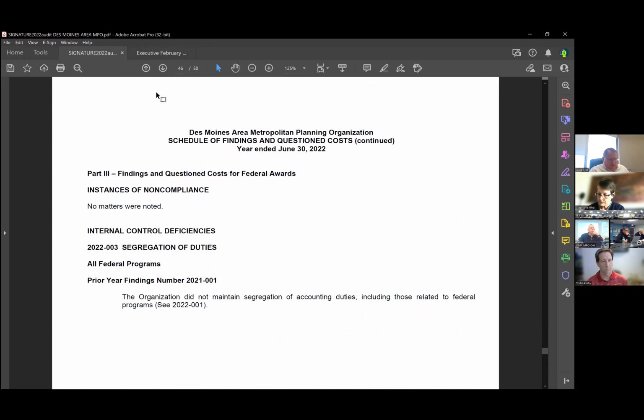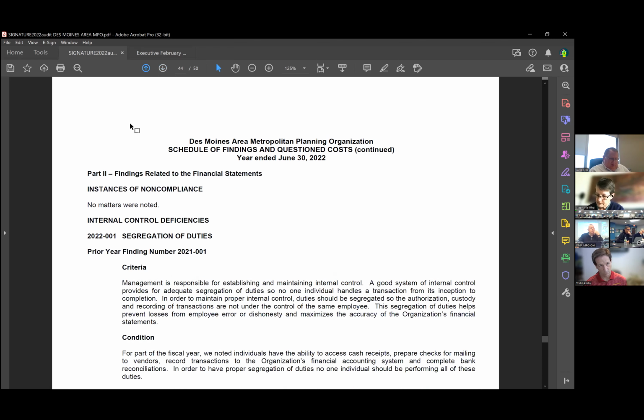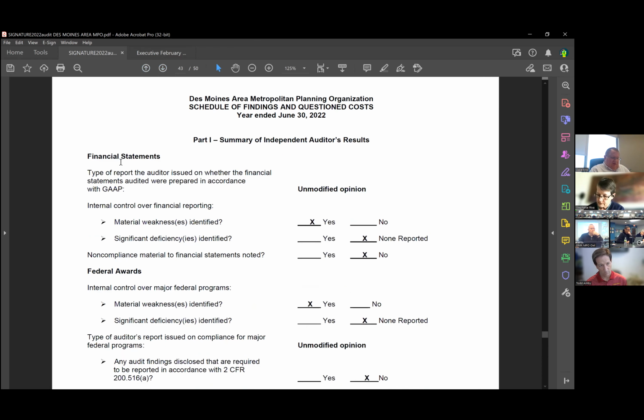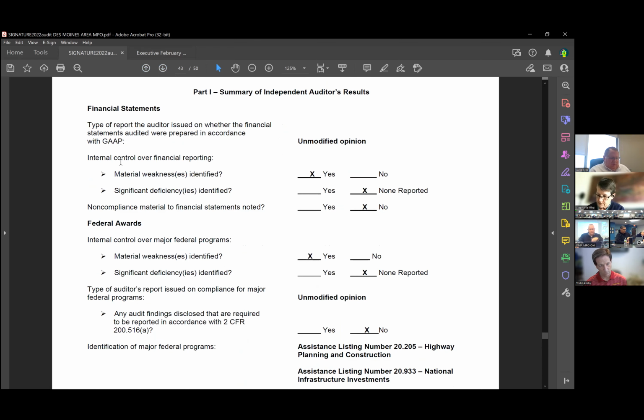Going over to page, sorry, I got my pages. On page 43 is kind of a summary of our independent auditor's results. Again, the material weaknesses over your financial statements.